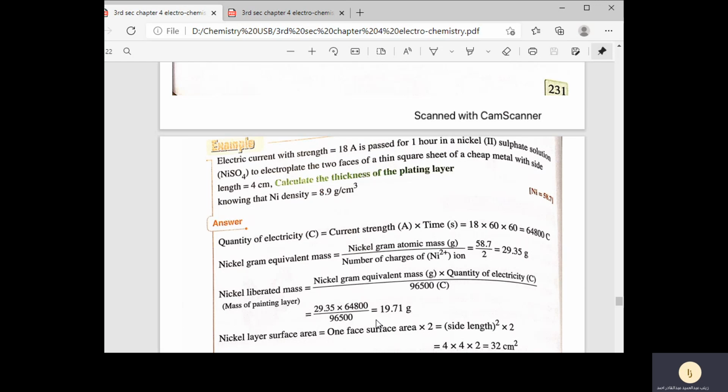To electroplate the two faces of a thin square sheet of a cheap metal with side 4 cm, knowing that nickel density 8.9. طب ايه المطلوب؟ وطالب مني ايه؟ The thickness of the plating layer. الطبقة اللي هطلي بيها السكوير ده، واداني النيكل density 8.9.